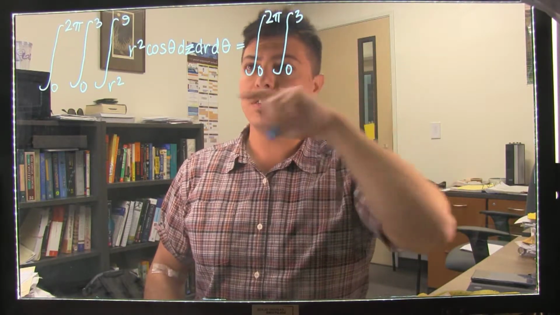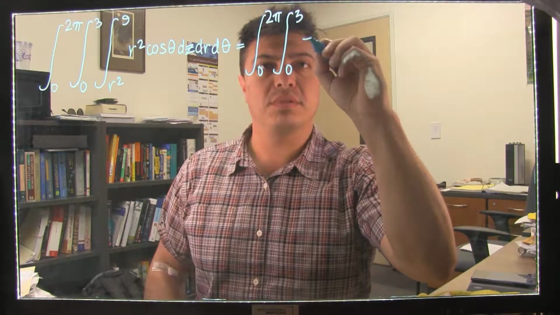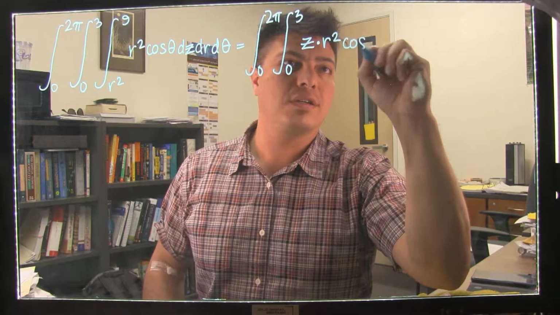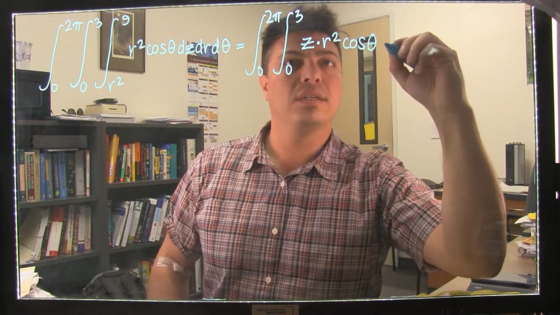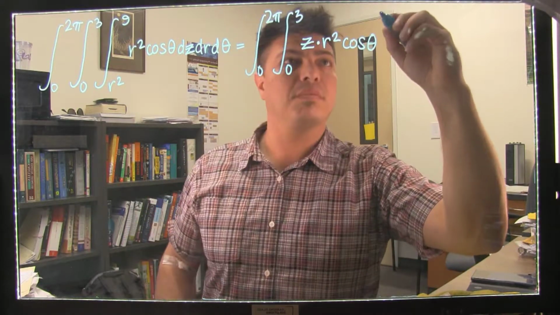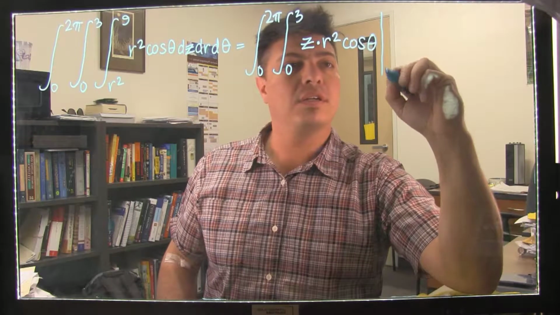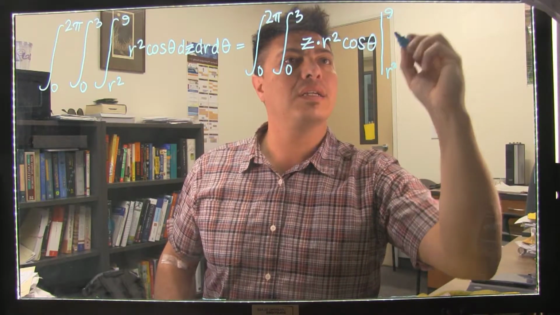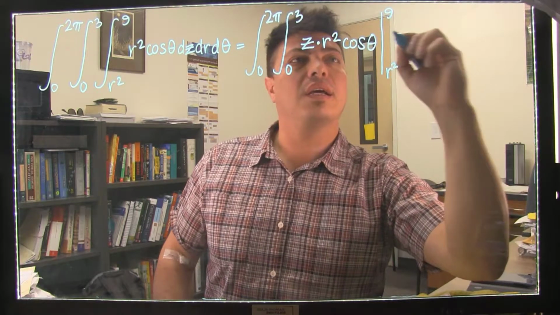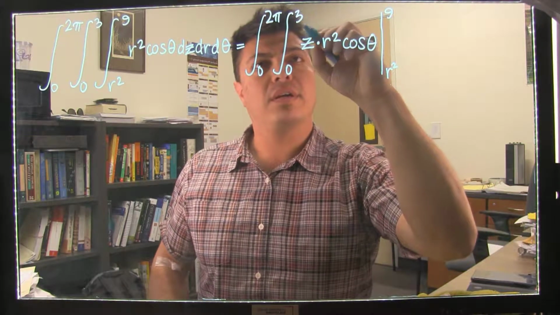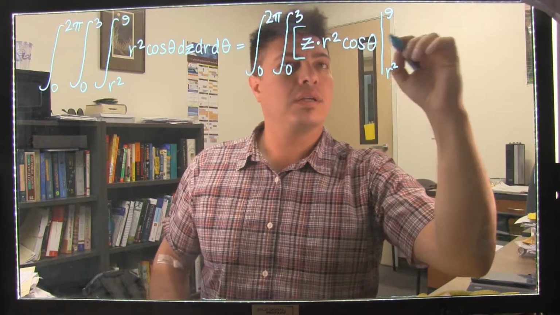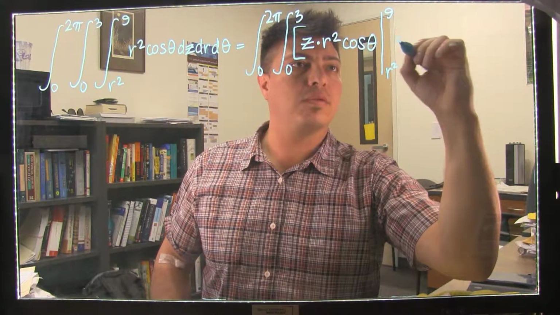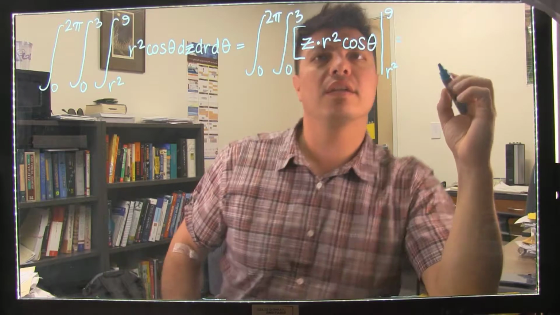Since there's no z terms, this is going to become simply z r squared cosine theta from r squared to 9. And I'm going to put a little bracket right here, and we'll go ahead and integrate that inside the brackets.